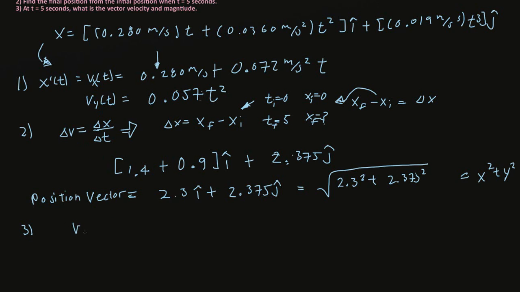So the velocity vector will be 0.2 plus 0.072 times 5, which gives me 0.36, this is the i, plus 0.057 times 25, which will be 1.425 j.